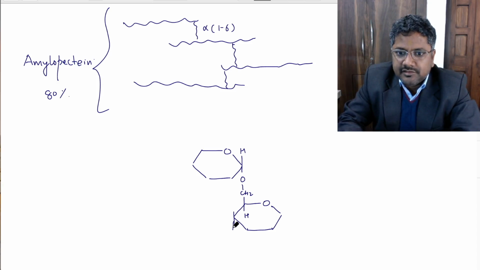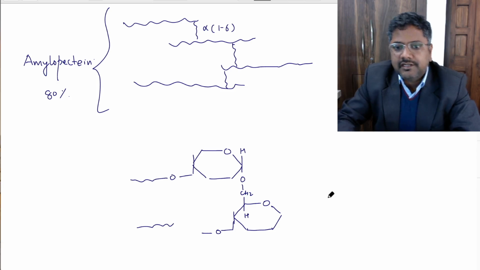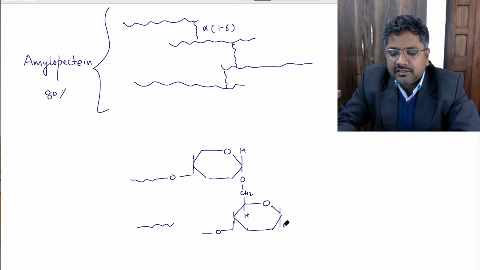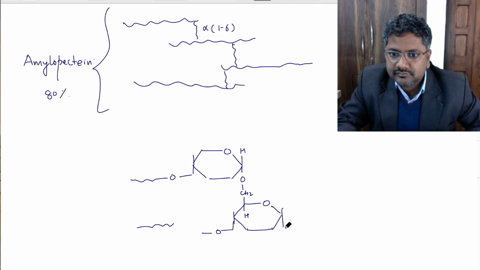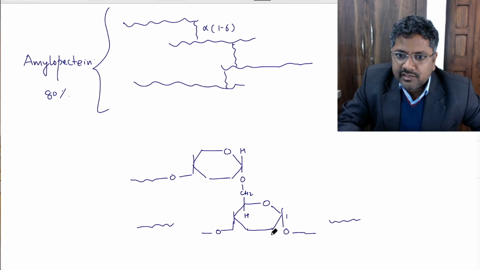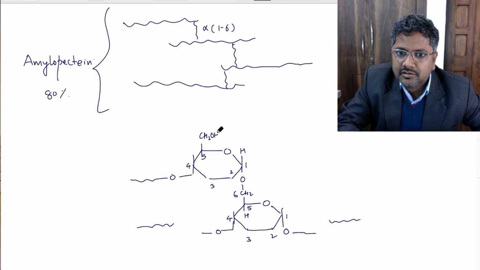See here, this will contribute the linear chain. Here the linear chain will grow. Here, here the linear chain will grow, right? And here the linear chain will grow. So, see, this is 1, 2, 3, 4, 5, 6, and this is 1, 2, 3, 4, 5, 6.